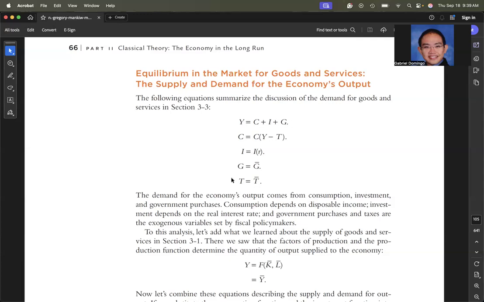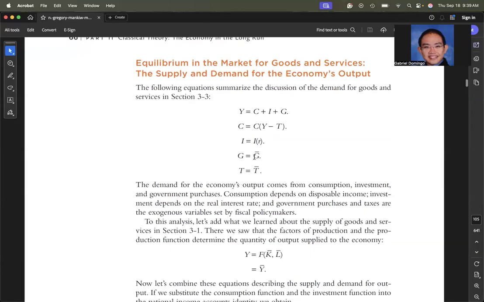These equations are the ones that we had talked about earlier. Consumption is a function of disposable income and is positively related to disposable income. Investment is a function of the real interest rate R and is negatively related to the real interest rate. Your G and your T are exogenous. That's why they're G bar and T bar.